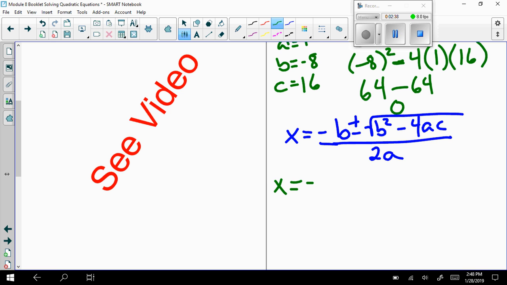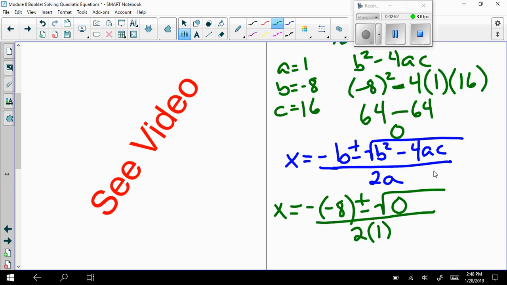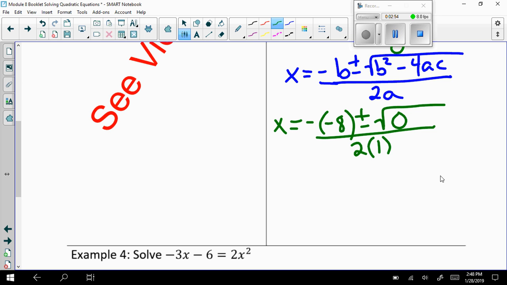So we have -8 plus or minus the square root. Again, I'm going to plug in the 0. I'm going to put in that b squared minus 4ac. I'm not going to recompute it. All over 2a. -8 is a +8. The square root of 0 is 0.